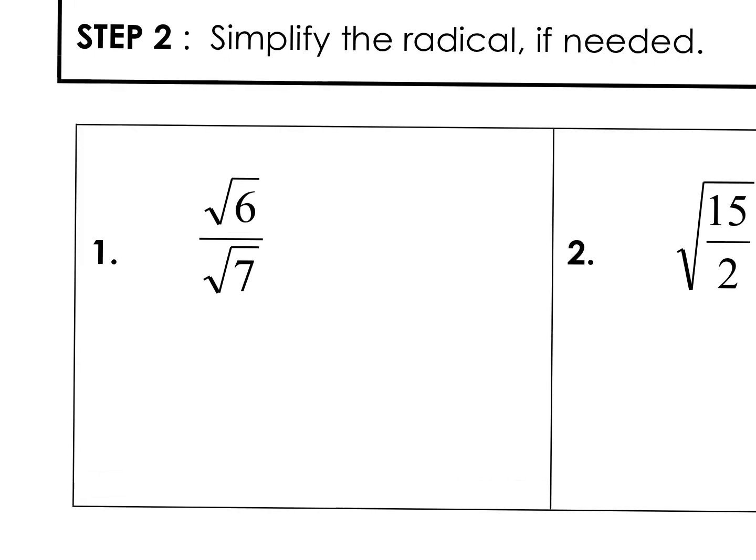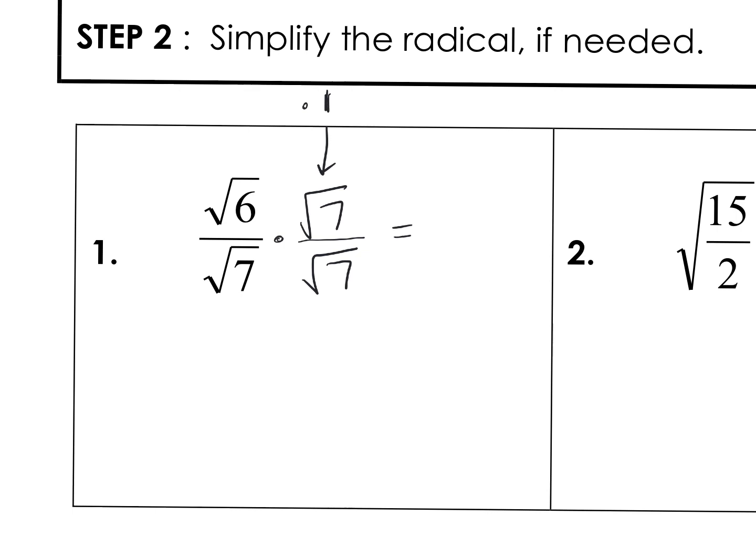Okay, so I'm going to multiply both the top and the bottom by the denominator, so √7/√7. Think about what that is. This is really just 1. So if I'm multiplying by 1, I'm not changing the value of the fraction, I'm just changing the form that it's in.